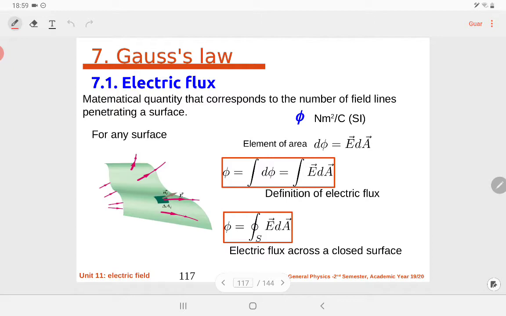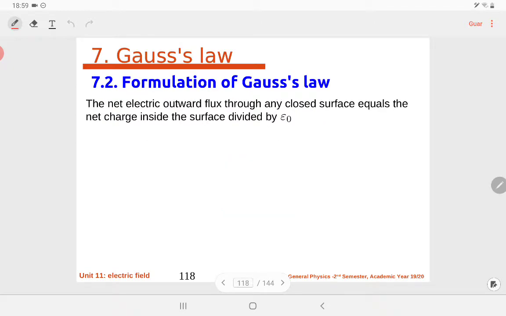Once we have these prior concepts, we can go to the formulation of Gauss's law. And this formulation goes as follows. The net electric flux outward through any closed surface equals the net charge inside divided by epsilon sub 0.